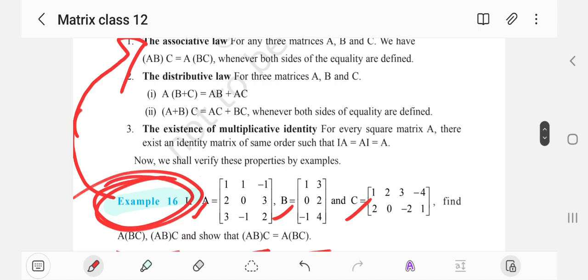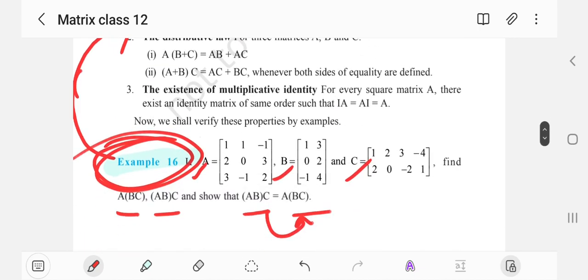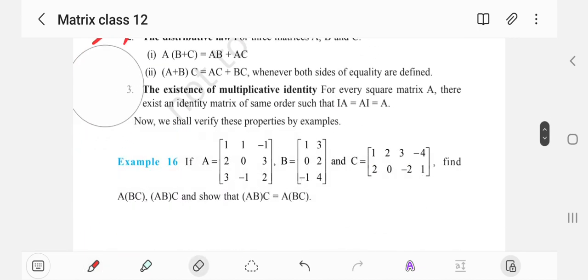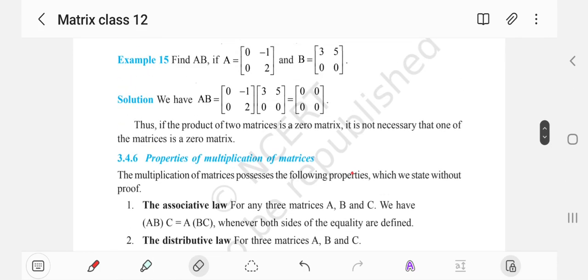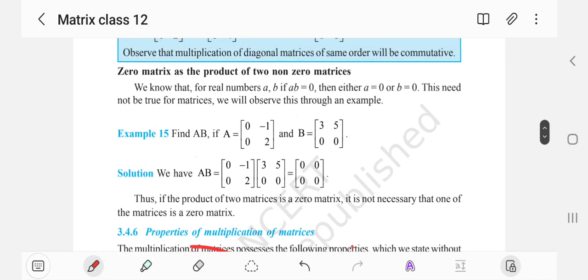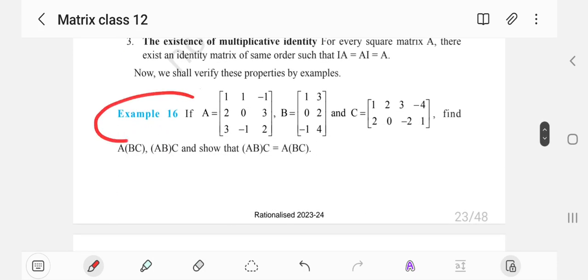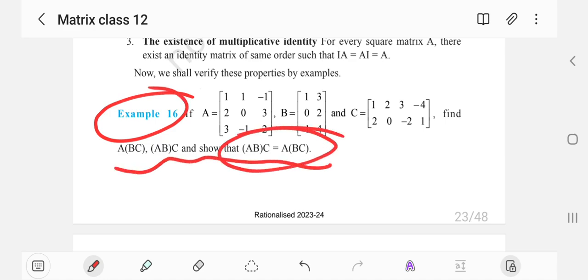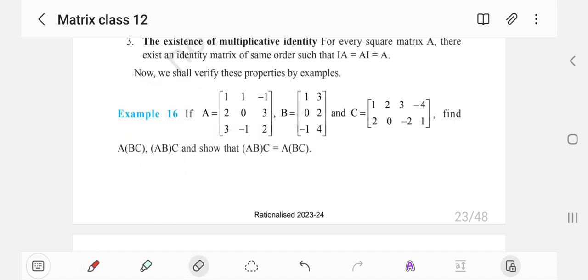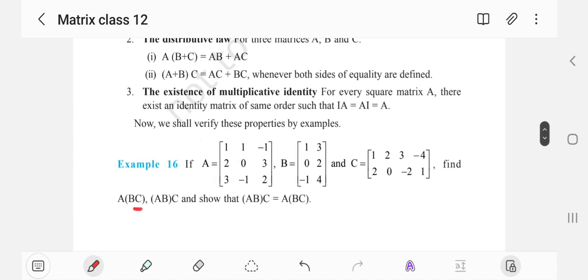Here in this example, using the matrices, we have shown that the property of associativity is well established, right? So as I have given you the example of associativity with these matrices, you can yourself verify that yes, the associativity property clearly holds. How will you proceed? Let me give you a hint. First you will multiply BC.